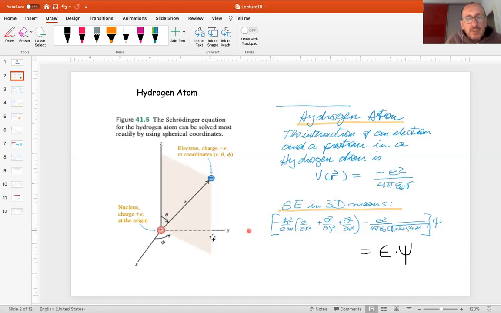The reduced mass of a system of 2 masses is something that you probably found in the first course in mechanics. 1 over the reduced mass is equal to 1 over the mass of one particle plus 1 over the mass of the second particle. But since the mass of the second particle is 2,000 times the mass of this particle, I didn't even bother to put an R here, which is a mistake. Legally, this should be the reduced mass of the electron. Okay, that's one of the caveats.